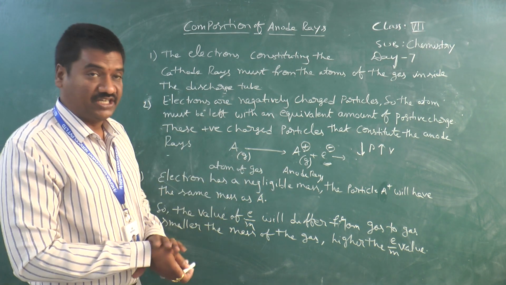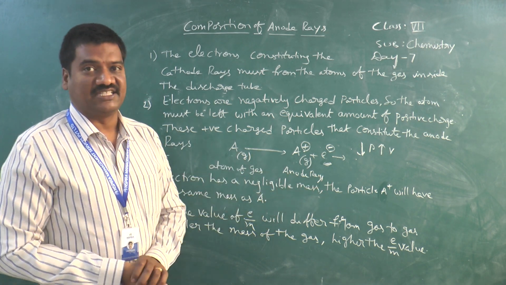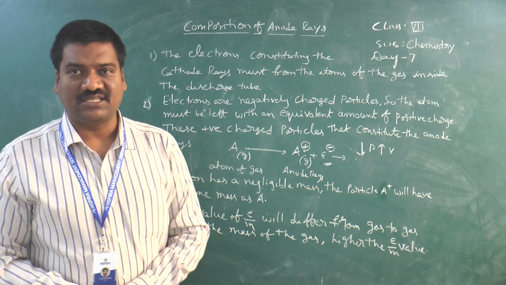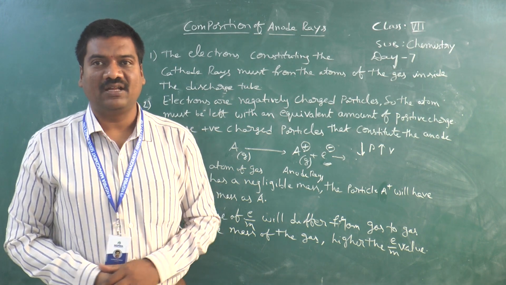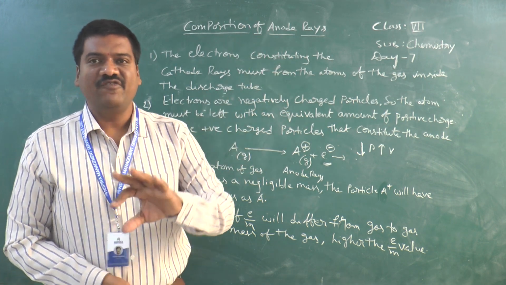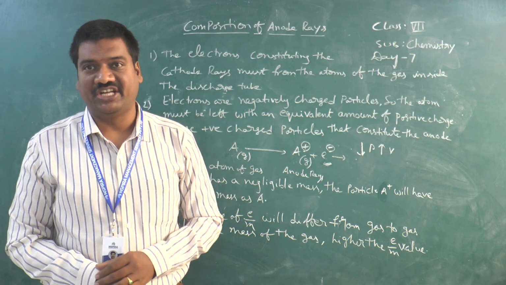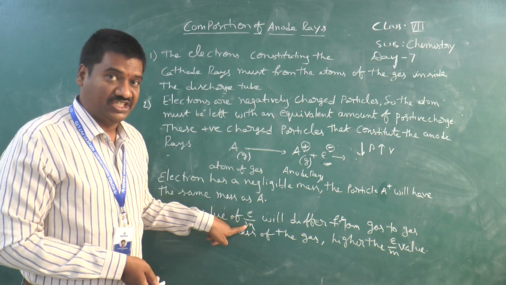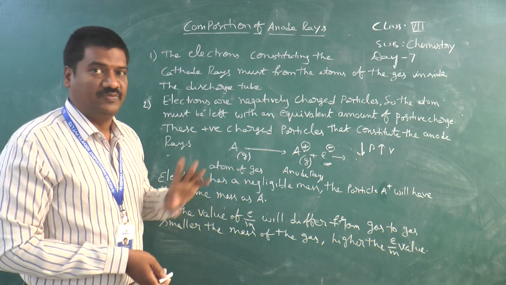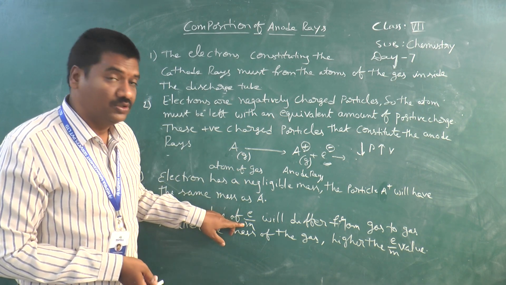The charge by mass ratio will differ for different gases. Anode rays depend on the gas we take inside. If you change the gases, the anode ray mass will also change, meaning the denominator value will change, and automatically the e by m value will also change.